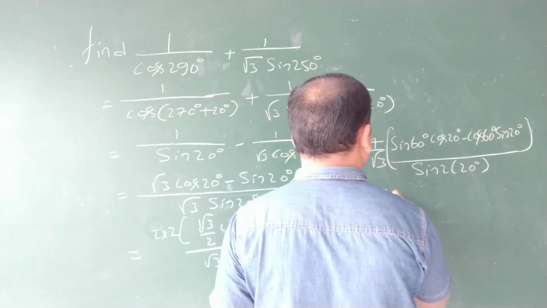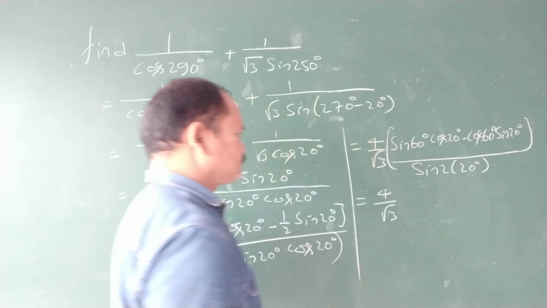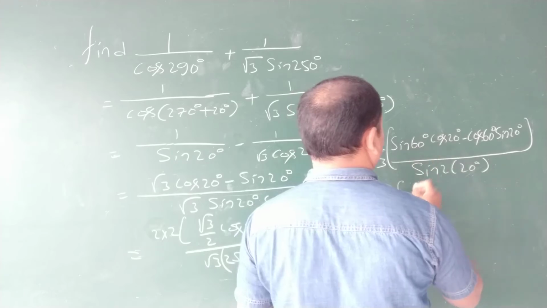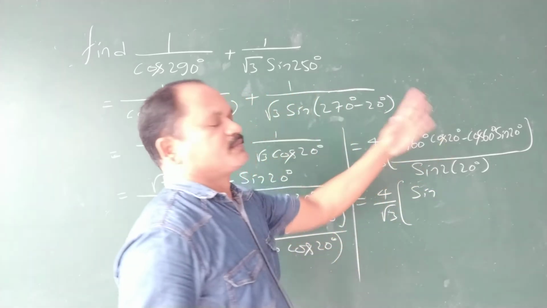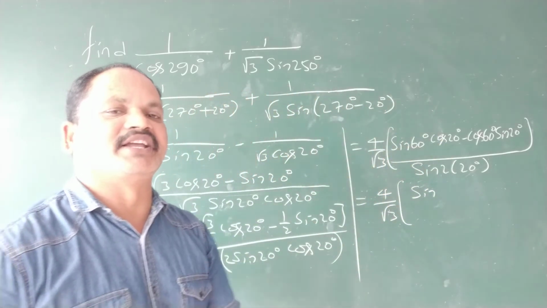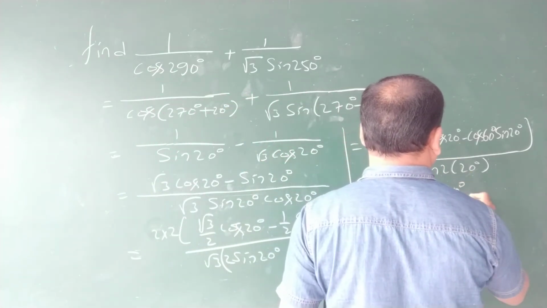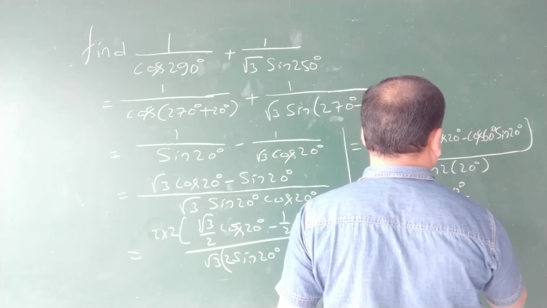That's why 4 by root 3 into, here it is sin A cos B minus cos A sin B, that is sin A minus B, 60 minus 20, that is sin 40 degrees by sin 40 degrees.